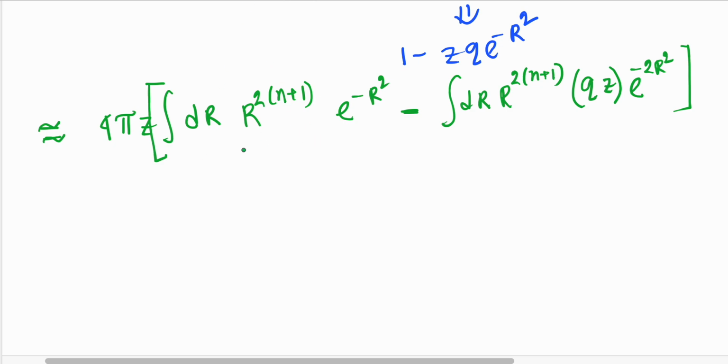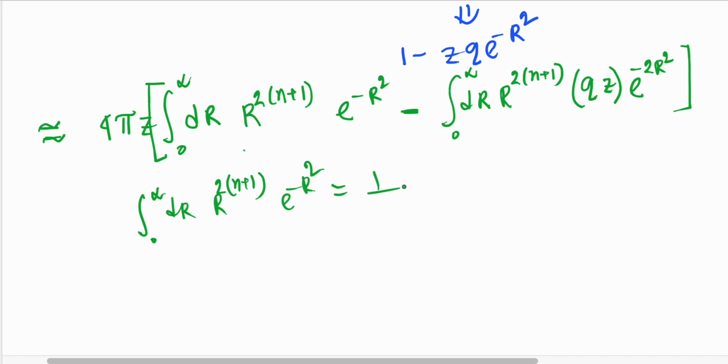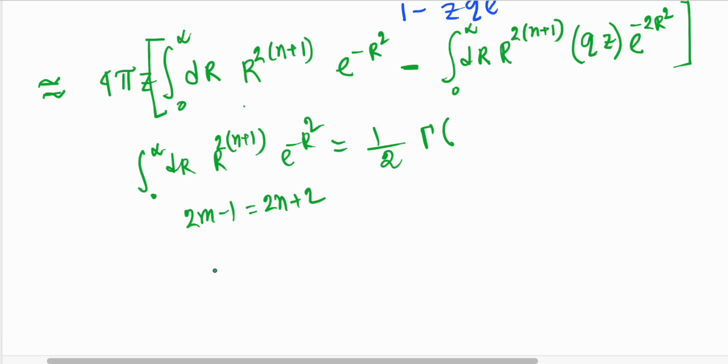So this is nothing but this integration 0 to infinity. So we know that 0 to infinity dr r to the power 2n plus 1 e to the power minus r square is nothing but half of gamma(m), where 2m minus 1 equal to 2n plus 1, that means m is equal to 2n plus 3 by 2.